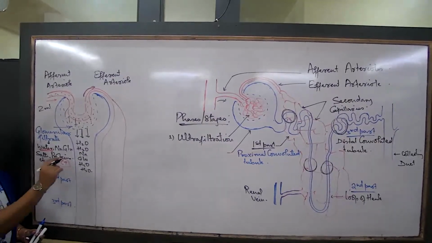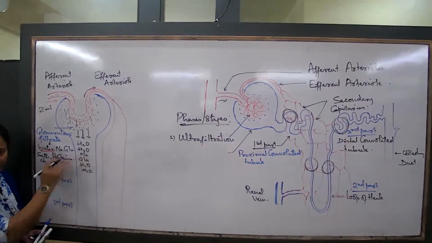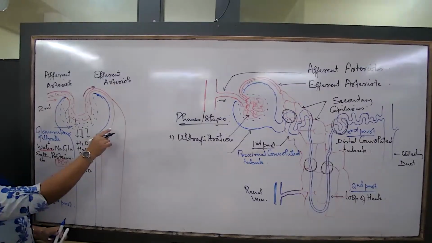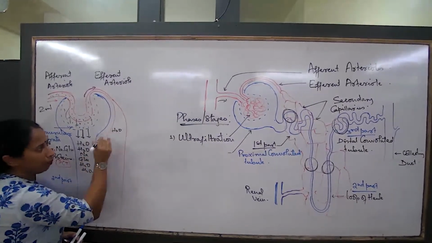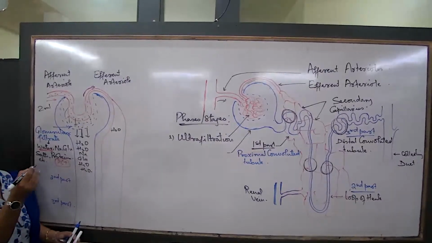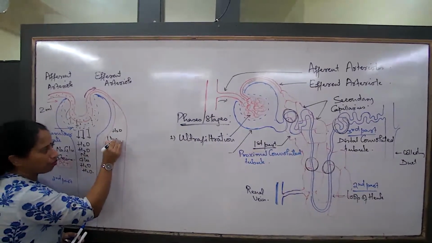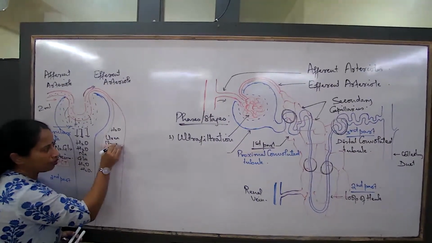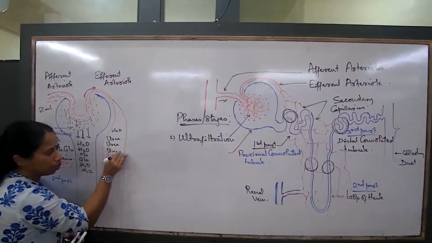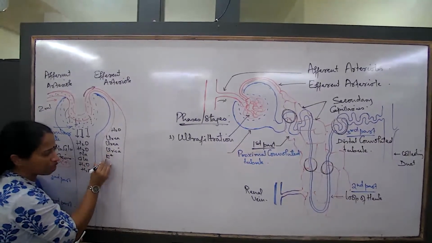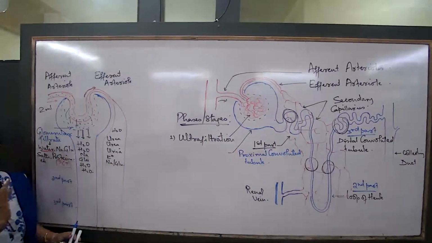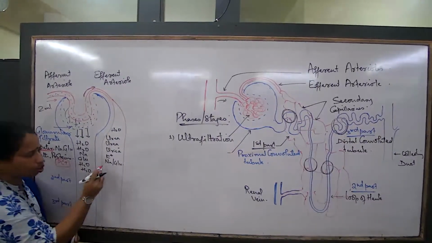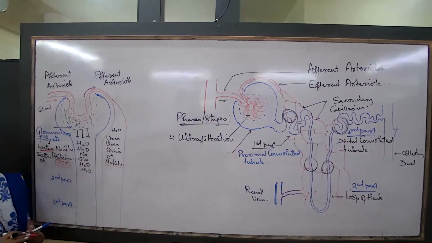Now what is happening between the tubule and the blood capillary surrounding? So I would say here in this blood, what is the concentration of the components? Water is very low. It is more and more of urea. It has so much of uric acid, so much of potassium salt, and sodium and glucose are just in traces.